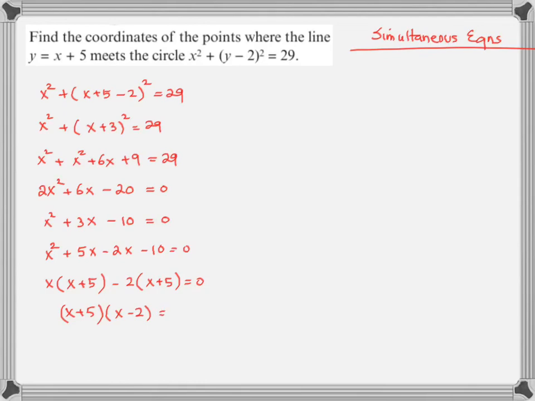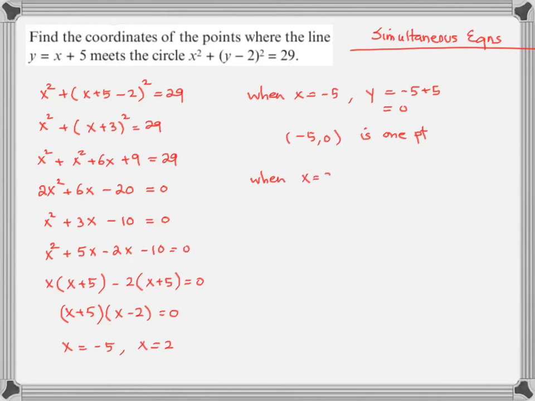Now, there are two approaches to this. One approach is you just solve it simultaneously and you end up with two answers. As simple as this. The other approach could be when you have x squared plus 3x minus 10 equals 0. And if they would have simply asked you, show that the line meets the curve at 2 points, what would you have done?